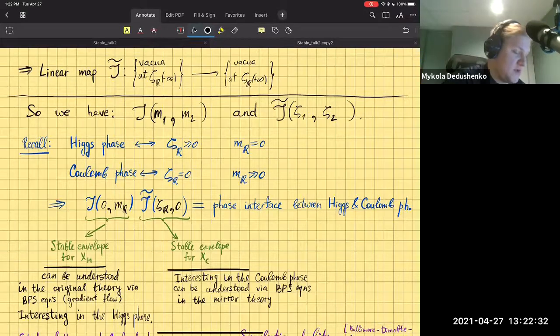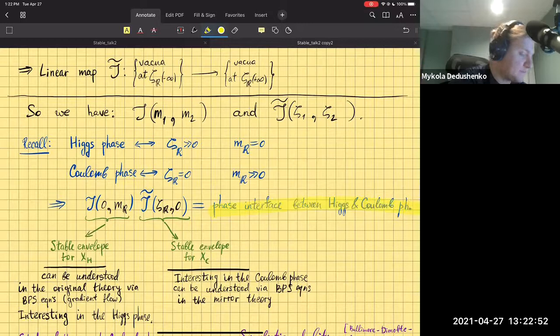And then what I get is a product. This product is the interface that interpolates between the values of parameters that correspond to the Higgs phase and those corresponding to the Coulomb phase. So I can think of it as a phase interface between the Higgs and Coulomb phases.